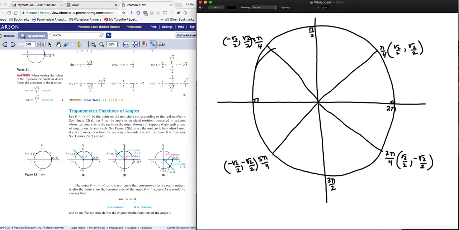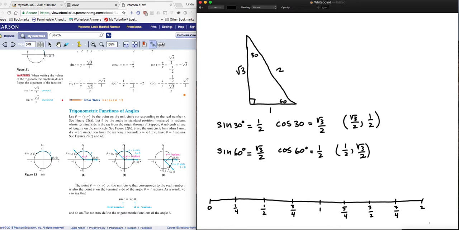Okay. All right, now I can do the same thing with the 30 and 60 degree angles. All right, if I come back here to my number line.